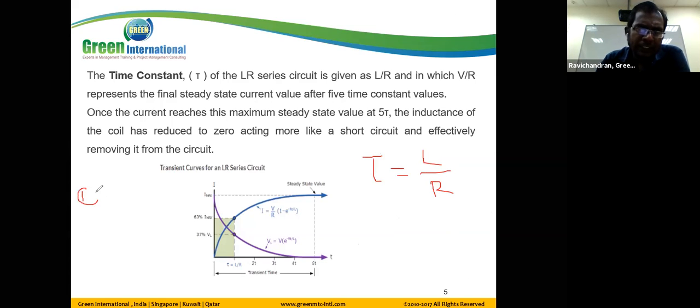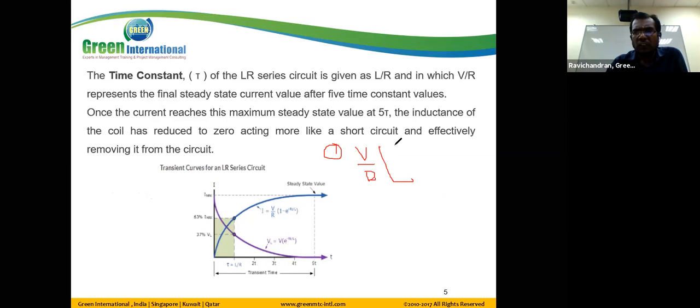Number one equation: current I of t is equal to V by R, 1 minus e to the power of minus R by L into t.